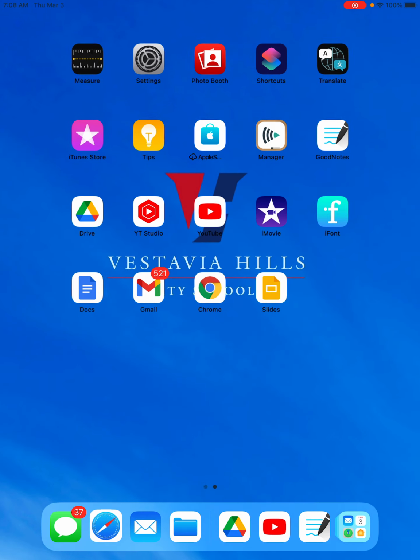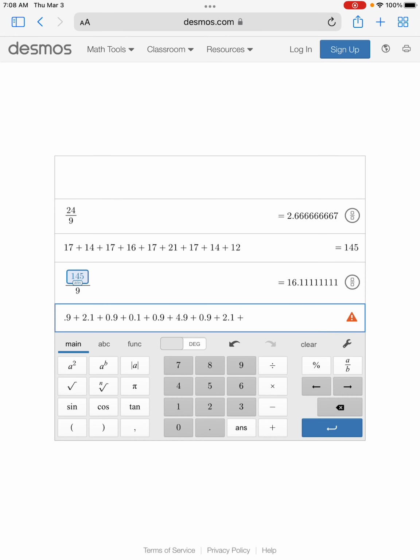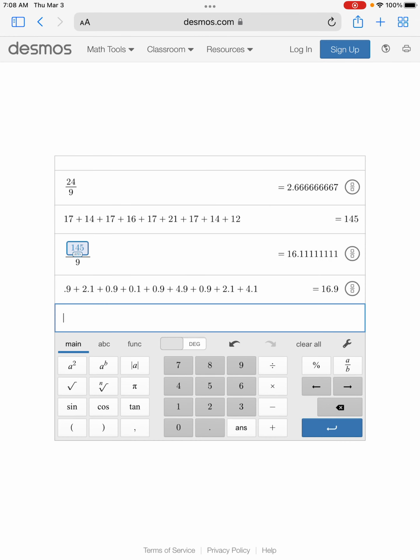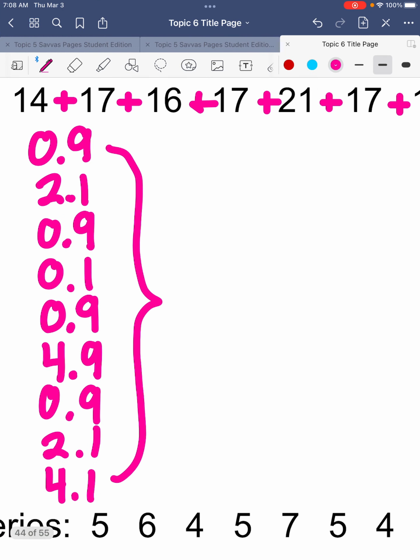Plus, and I think the last one is 4.1. And I get 16.9, okay? So we add those all up together and we get 16.9.